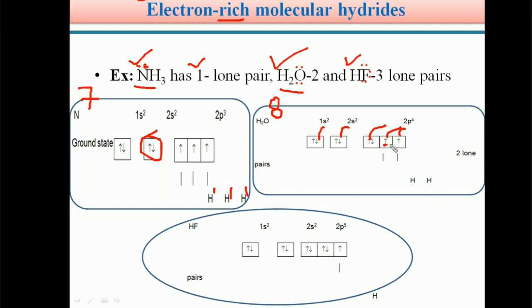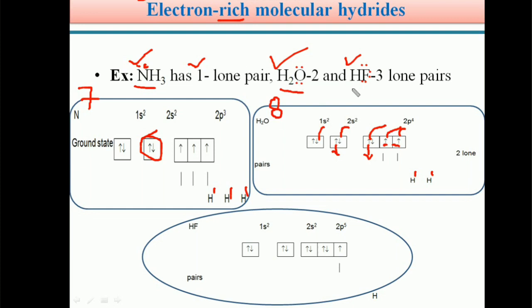So it has two unpaired electrons. These two unpaired electrons overlap with the unpaired electrons of two hydrogen atoms and form a H2O molecule. These two lone pairs are, one lone pair represents the 2s2 and the other lone pair represents the 2px2. So this is about water molecule.